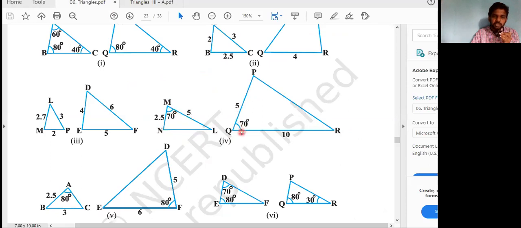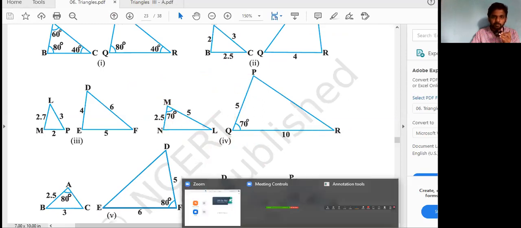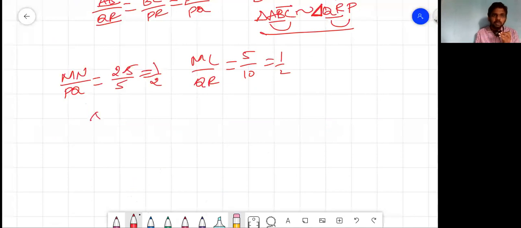So here also the lines are inclined at an angle of 70 degrees. So I can say that angle LMN is equal to angle RQP. So I have two sides proportional and one angle equal.